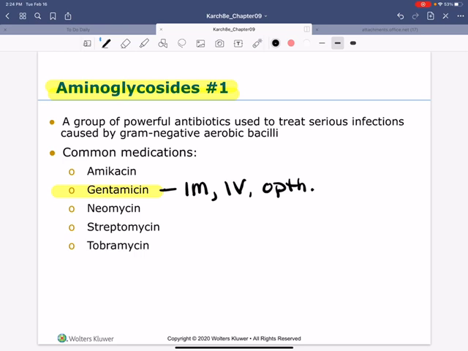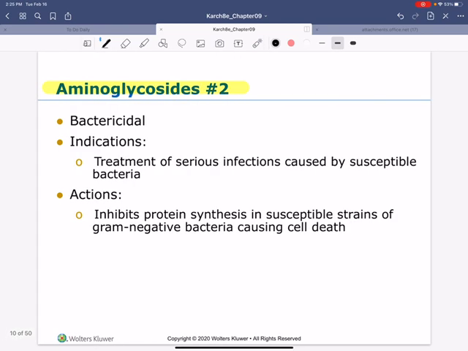Bacilli is the exact name of the organism. It is gram-negative and it requires oxygen. So just know that gentamicin really is just reserved for more serious infections. As you can see, it's probably a narrow spectrum antibiotic. It's bactericidal. You do not have to know these indications.